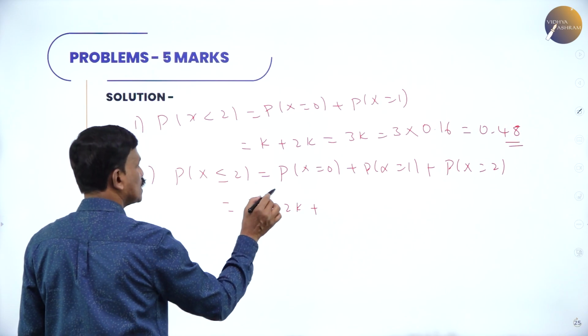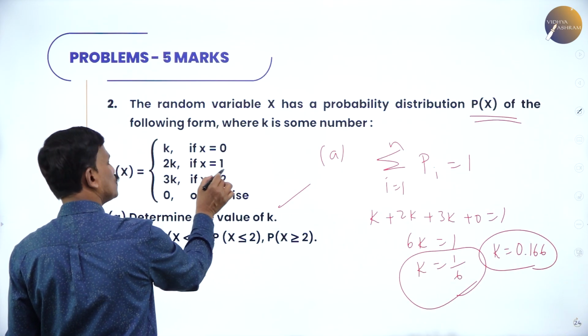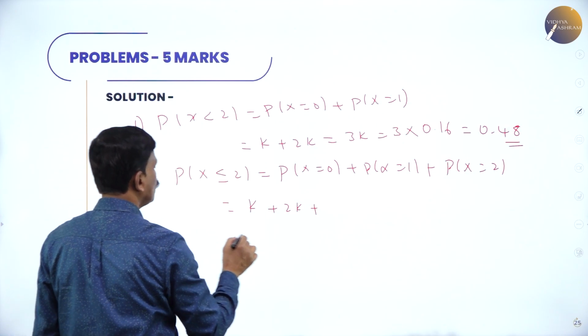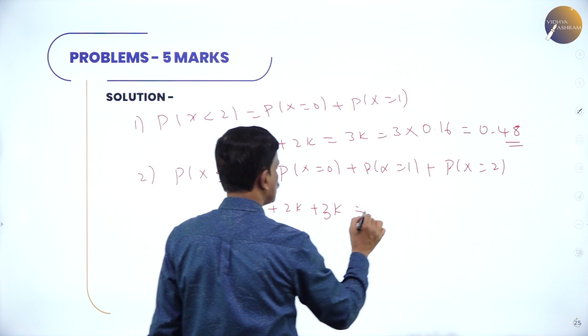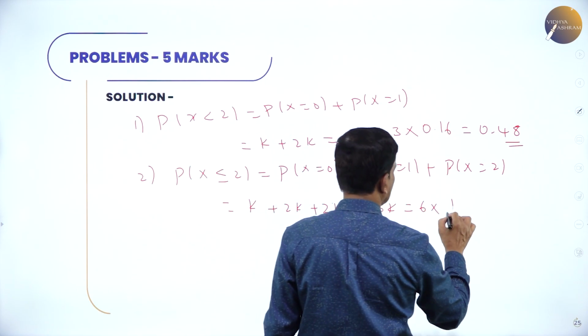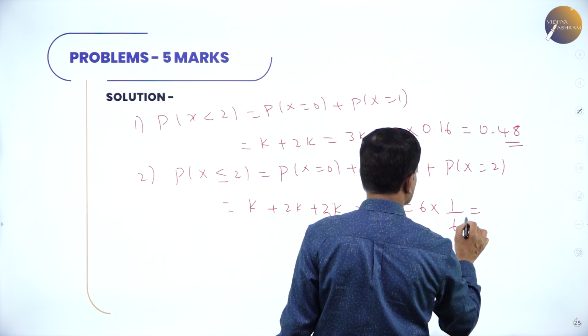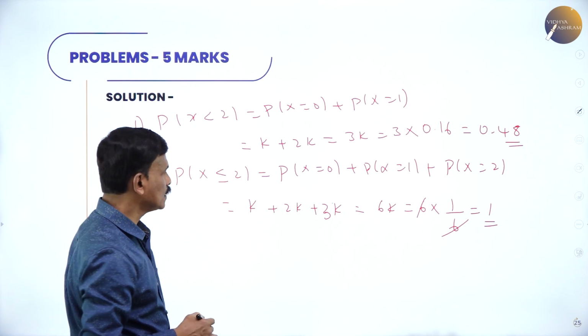When x is equal to 2, it is 3k. What is this? 3 plus 2 plus 1, 6k. Substitute here, 6 into k, which is 1 by 6. The 6 gets cancelled. The probability is 1.